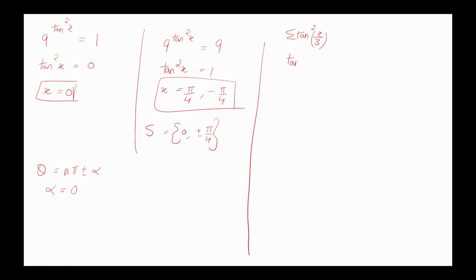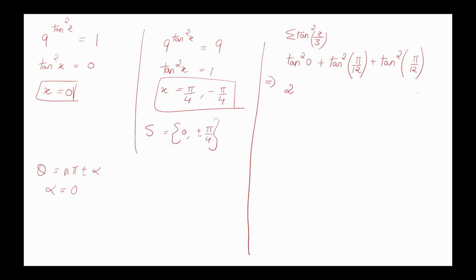So I would have tan square 0 plus tan square pi by 12 plus tan square minus pi by 12. Since I have a tan square, the minus can be simply removed, because for one tan minus theta I would get minus tan theta, and for the other tan as well I would have one more minus tan theta. So they would simply cancel out and we would have a plus here only. So this is basically 2 times tan square pi by 12.